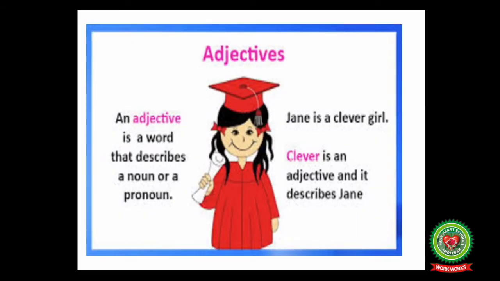But before that, let's have a quick review of what we have learned in our previous video. In our previous video, we learned that an adjective is a word that describes a noun or a pronoun. Example, Jane is a clever girl. Clever is an adjective and it describes Jane.